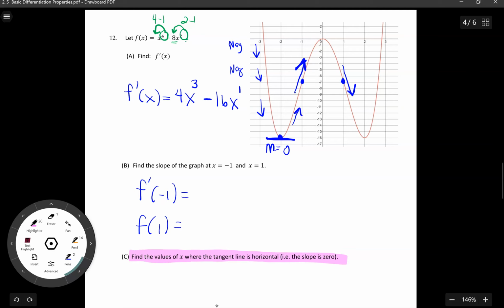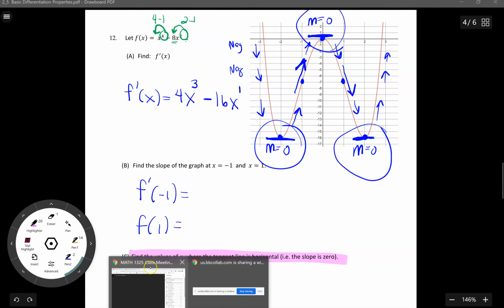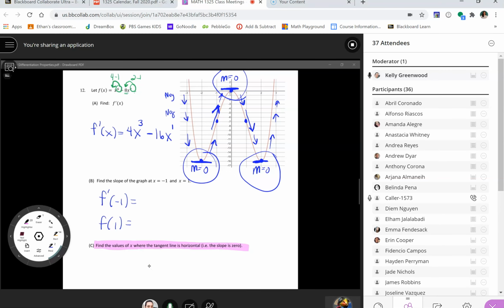And then it goes positive, positive, positive. And then here, my slope hits 0 again. And then negative, negative, my slope hits 0 again. And so on. So the slope hits 0 at these peaks and valleys, at the local mins and the local maxes.